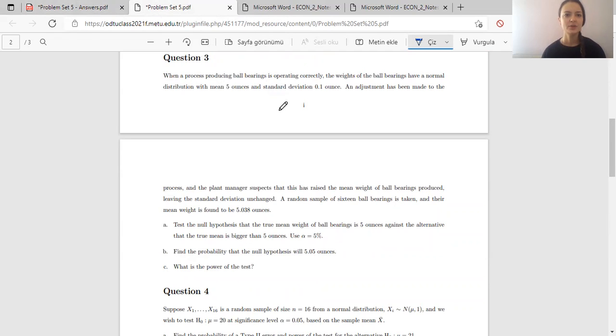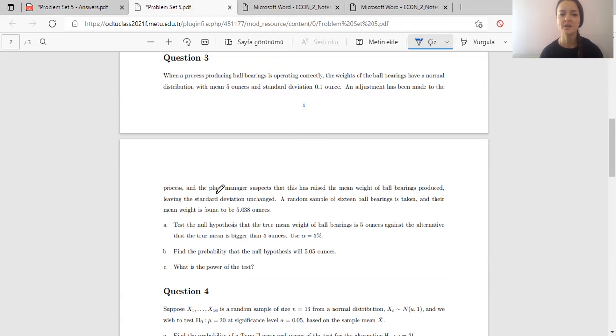Now, in question 3, when a process producing ball bearings is operating correctly, the weights of the ball bearings have a normal distribution with mean 5 ounces and standard deviation 0.1 ounce. And then an adjustment has been made to the process, and the plant manager suspects that this has raised the mean weight of ball bearings produced.